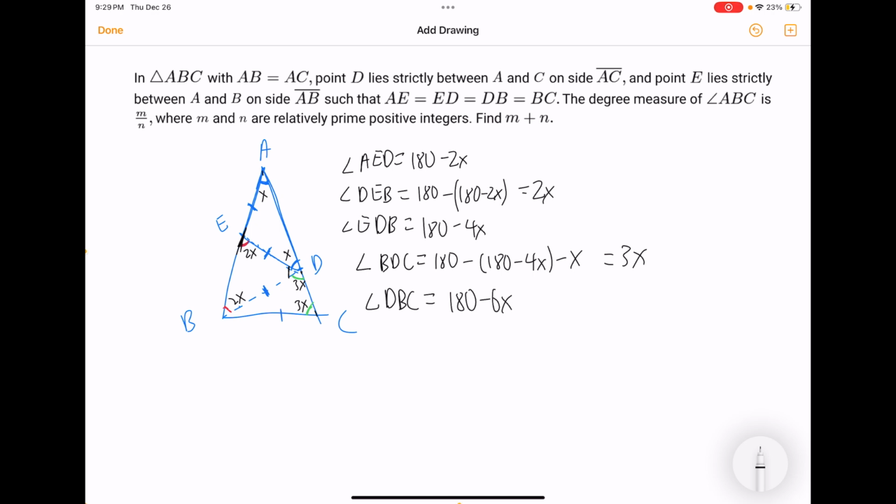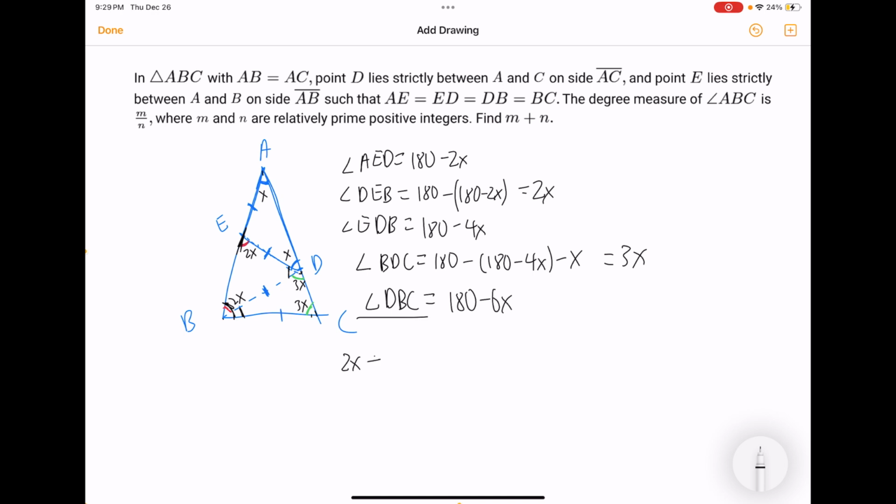Okay, so it also tells us that angle ABC, so this whole angle right here, is m over n. It's asking us to find m plus n, so we can just find what m over n is by itself. Well, we know that this part is 2x, as I've labeled it right here, and then this part, which is angle DBC, is 180 minus 6x.